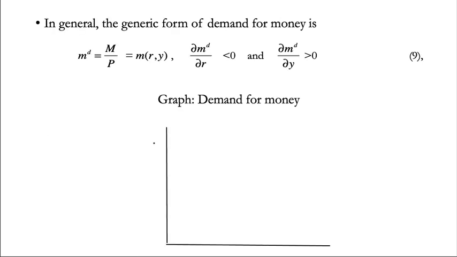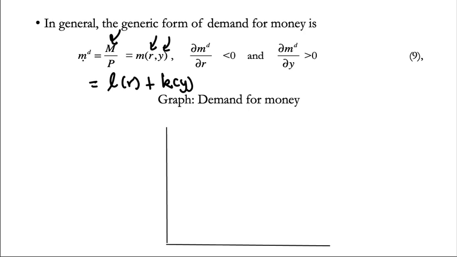So we have the generic form of money demand here, and money demand depends on real interest rate and also output. And another way of writing money demand is this: nominal money divided by price level. Now, we know that the components of money demand are basically speculative demand for money, and also transaction demand for money.